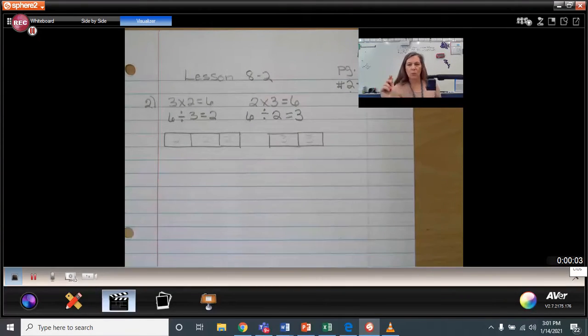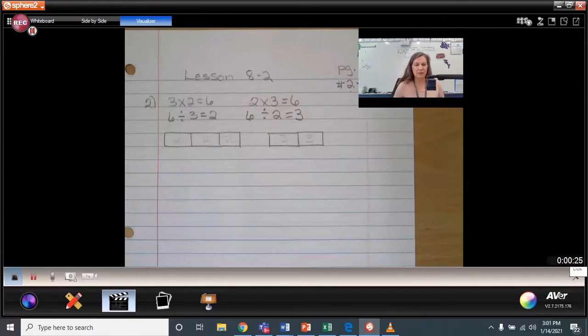Third graders, we're going to take a look at our lesson from yesterday, which was lesson 8-2 for your fact families. So this was on page 95 and you were working on the even numbers.